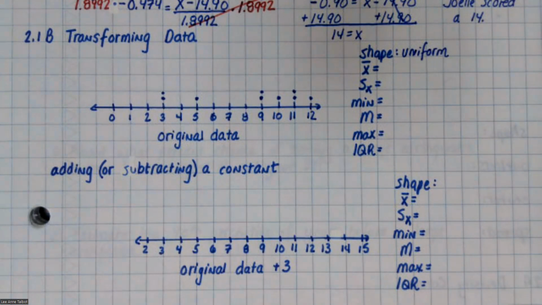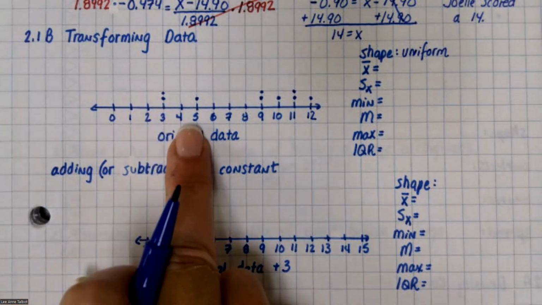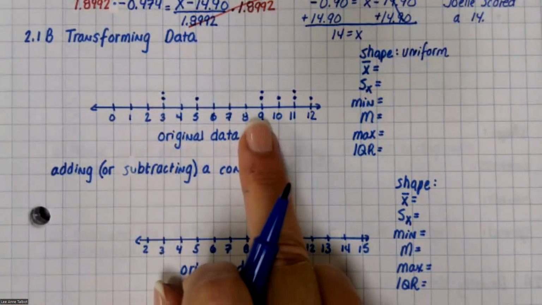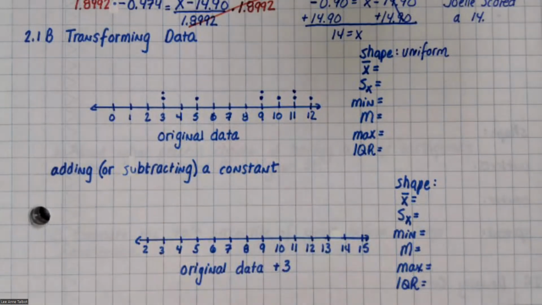Okay. What I need you guys to do is in your groups, I need you to put 3, 3, 5, 9, 9, 10, 11, 11, and 12 into L1 and run one variable stats, please. It doesn't have to be everyone.